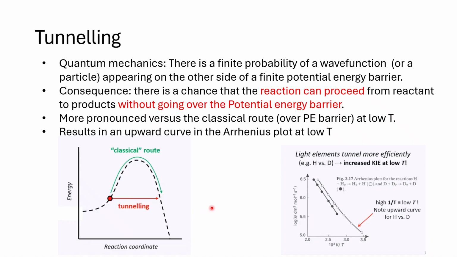So we will observe that for the plotting of the Arrhenius equation, where we have ln k plotted against 1 over T, normally the Arrhenius plot should be a straight line. However, the presence of tunneling will result in an upward curve in the Arrhenius plot at low temperature, where at this region here, the reaction temperature is low.